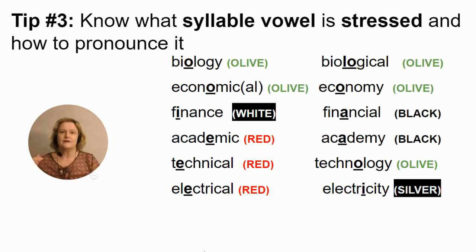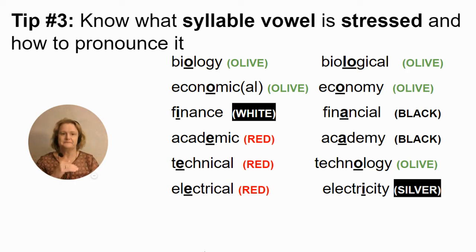Economic or economical. In the noun, it's economy. In these two first examples, the vowels happen to be the same, but very often that can change. We have finance, but the adjective is financial. Academic, stress on dem, but academy, academy, like black.